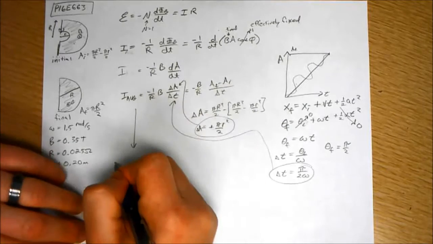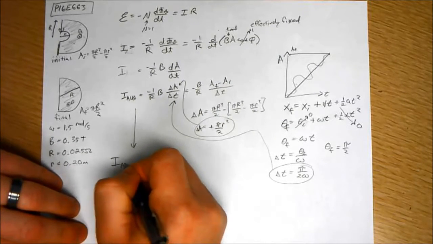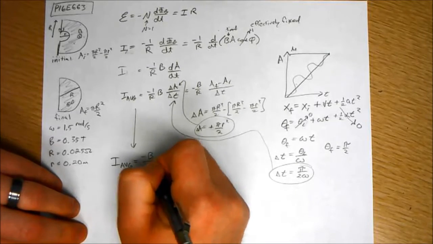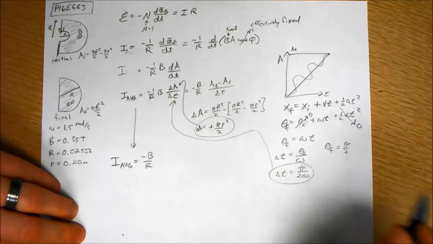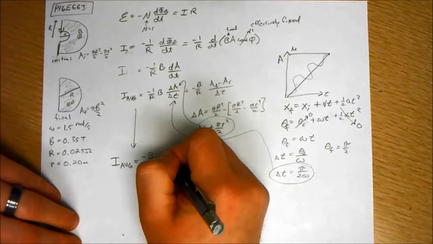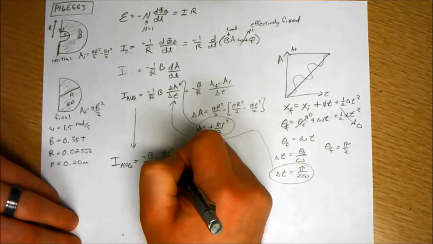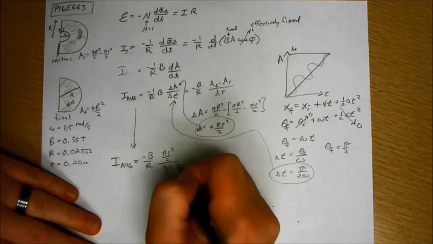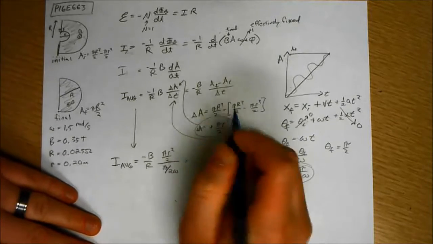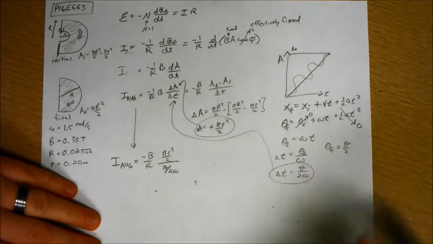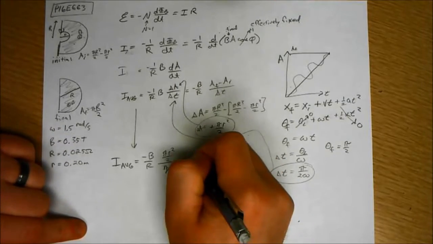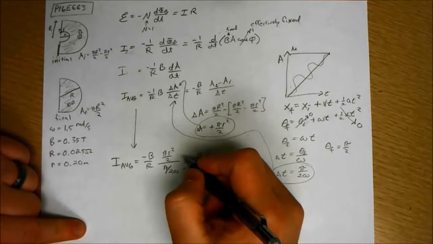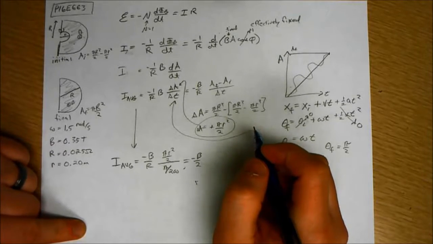So the result then is I average is equal to negative B over R times pi little r squared over 2, over pi over 2 omega. So I flip this fraction and I end up with negative B over R times, the pi's cancel out, the 2's are going to cancel out.